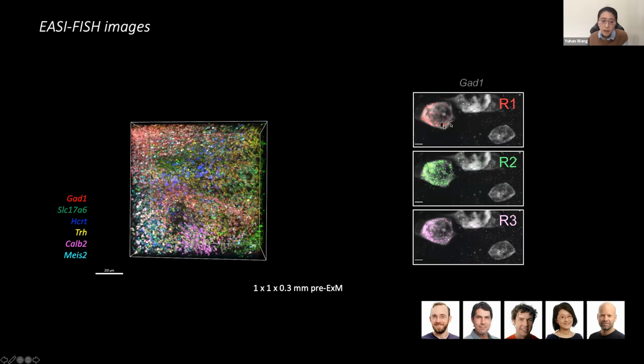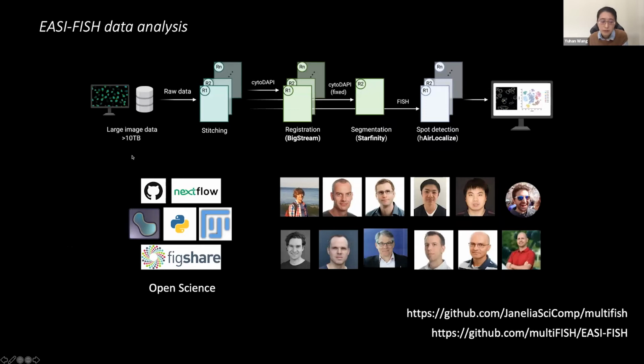And in order to do multiplexing, or to probe for dozens of genes, we image the same piece of sample multiple times. In most of the experiments, we do about 10 imaging rounds, so we have 10 such big chunks of data, usually around 10 terabytes in size.